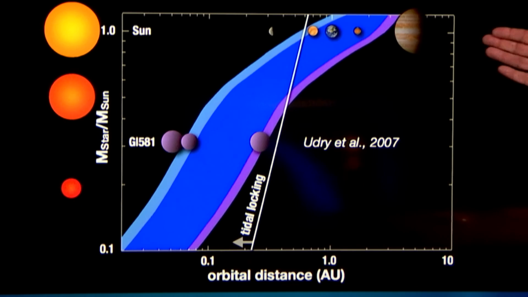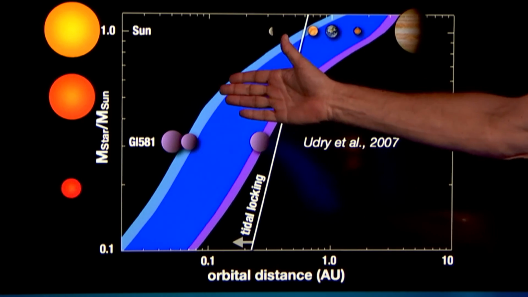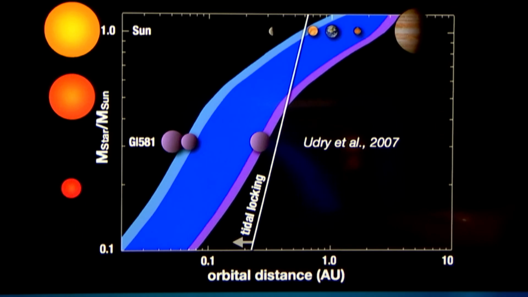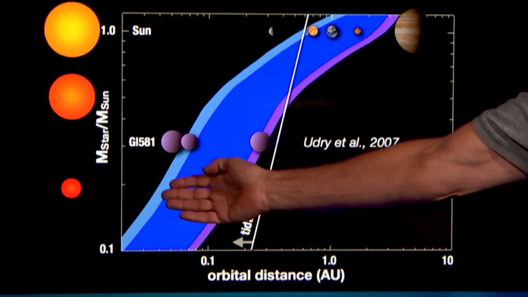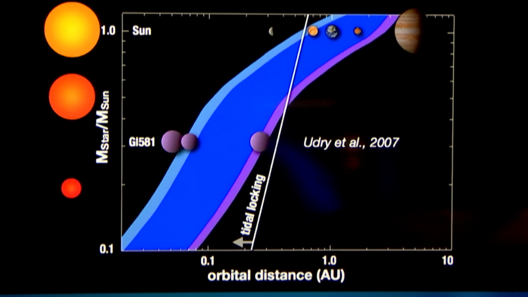If you go from a star different from the Sun to a lower mass star, the luminosity is less, the radiation is less, and so the habitable zone shrinks towards the star. You can go all the way down to red dwarfs, the most abundant stars in the universe, and the habitable zone starts to get very close to the star.